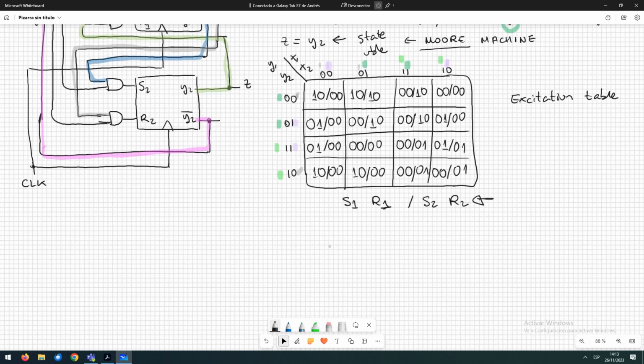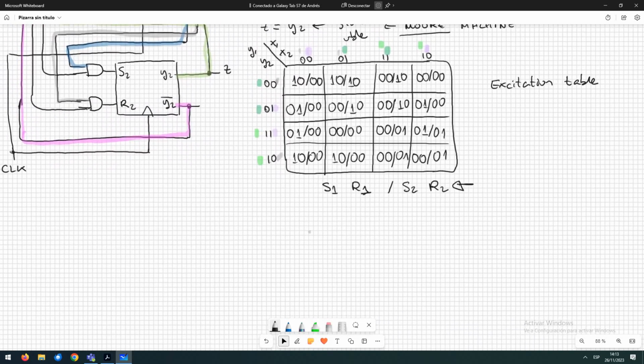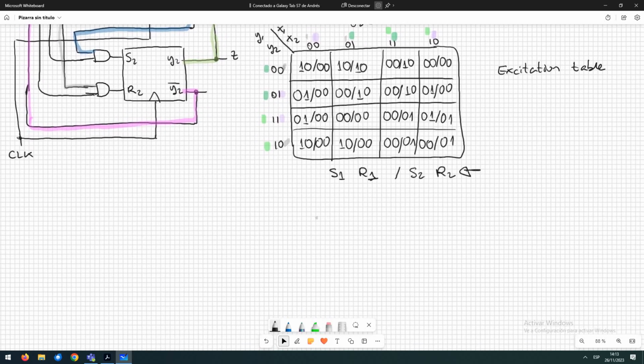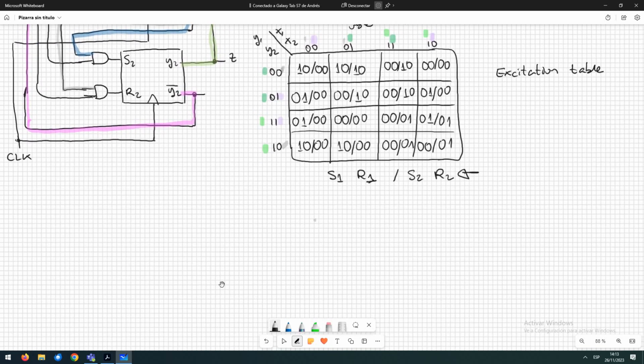So I'm going to make some space here. I'm going to need the excitation table, so the number of the cells are the same.